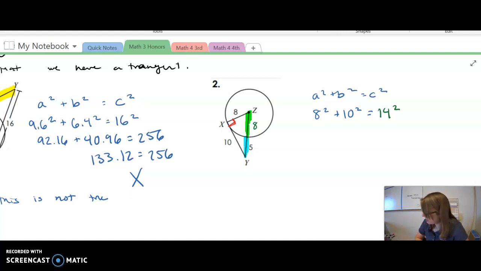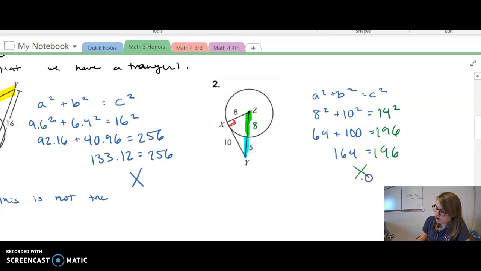We have 8 squared, which is 64, plus 10 squared, which is 100, and then 14 squared is 196. Add those two legs together and we get 164 equals 196. So close, but so far, this does not work. So this is not true.